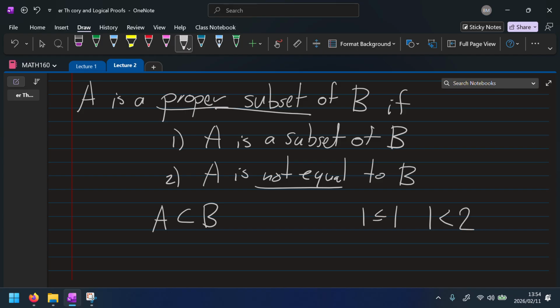We don't put that little equal sign bit. So 1 less than or equal to 1, that makes sense because it can be equal, but strictly less than, it can never be equal. So you cannot write 1 is less than 1. That's rubbish. 1 less than 1 is nonsense. Okay, so we write the same sort of thing here. We don't put that little line underneath.